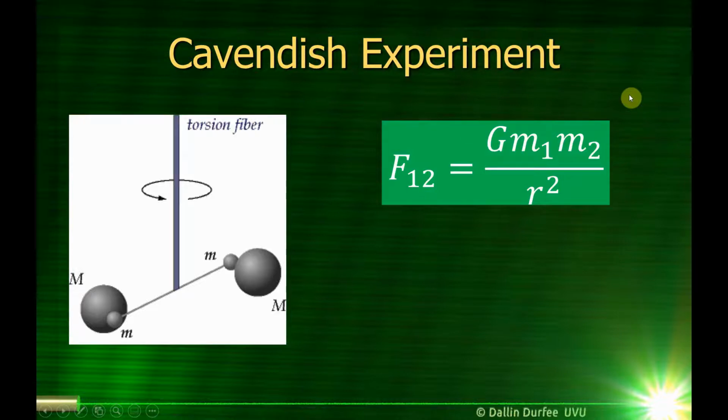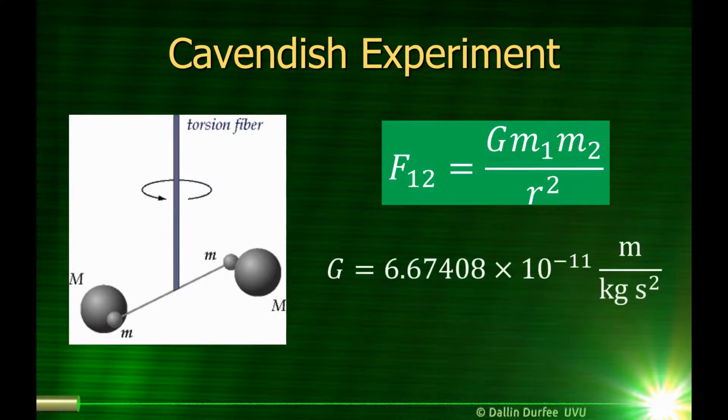And over the years, that has been measured more and more precisely, but it's still not known super precisely. Gravity, they say, is the least understood of all of the forces. And one aspect of that is it's really hard to measure that gravitational constant. It's a particular physical constant that is just not known to that many digits, honestly, compared to other constants.